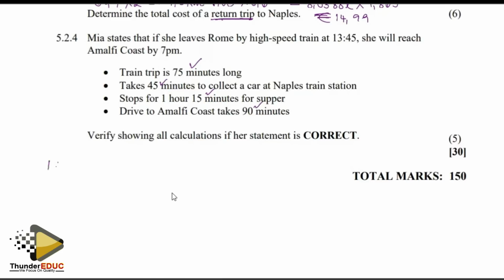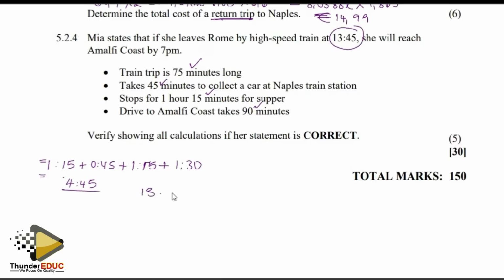So we have 1 hour, 15 minutes. We have 45 minutes. We have 1 hour again and 15 minutes. Then we have 1 hour and 30 minutes. When you add everything, you end up having 4 hours, 45 minutes. So these ones, we're going to add them onto the time that she will leave.